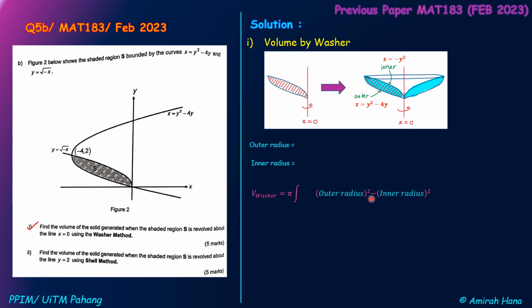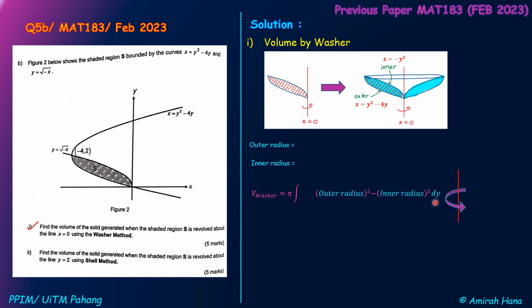So, how do we identify whether it is dx or dy? Okay, first we match it with the axis of rotation, which is a vertical line. This is our axis of rotation, a vertical line. So, if we use the washer method and rotate about a vertical line, we need to integrate with respect to y.